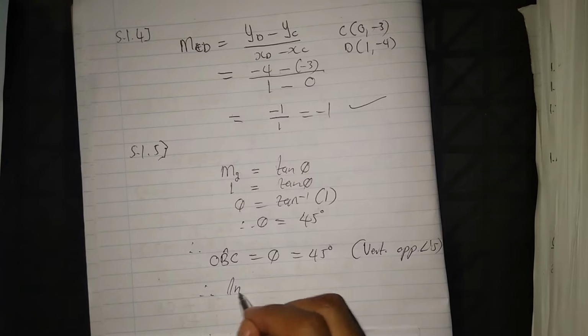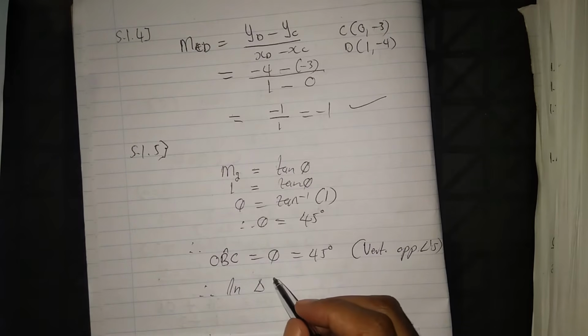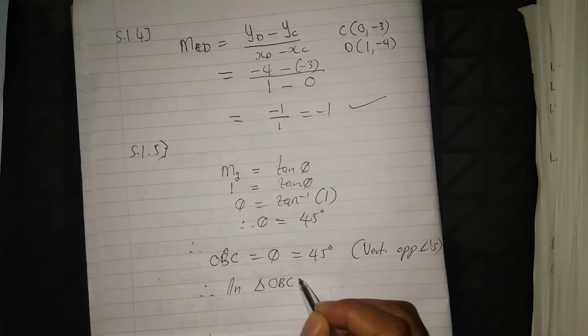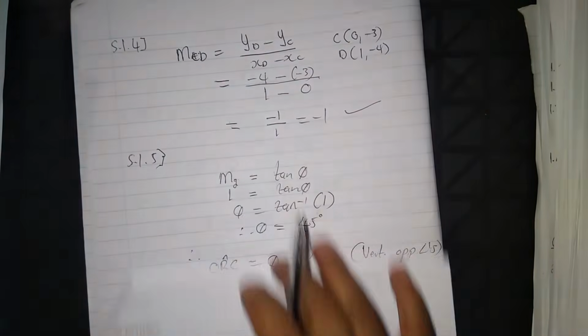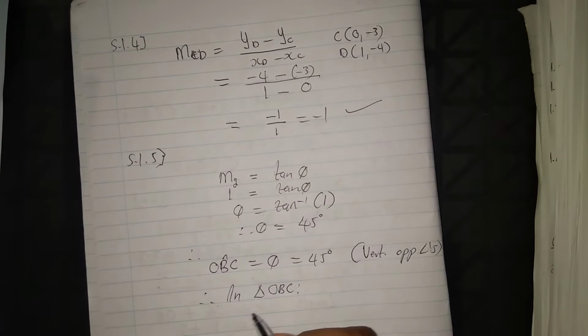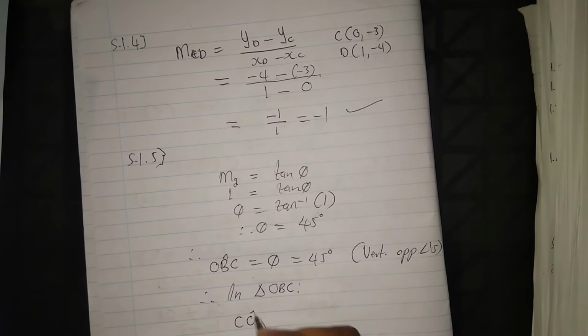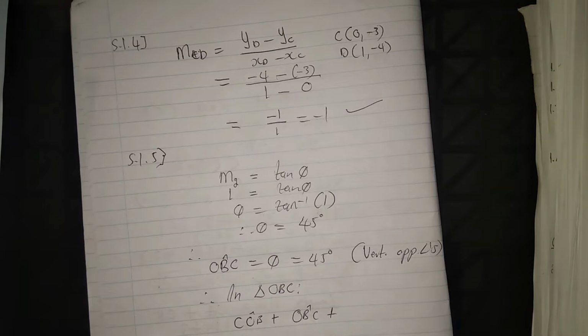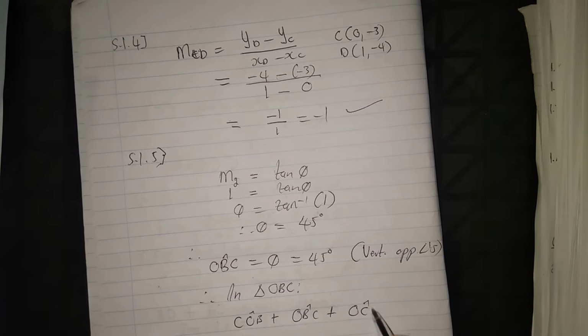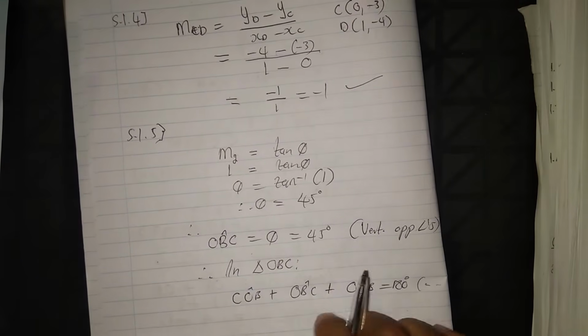So in triangle OBC, COB plus OBC plus OCB is equal to 180 degrees, the sum of angles in a triangle.